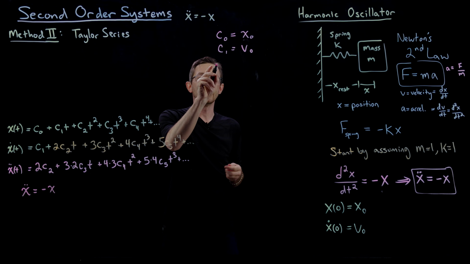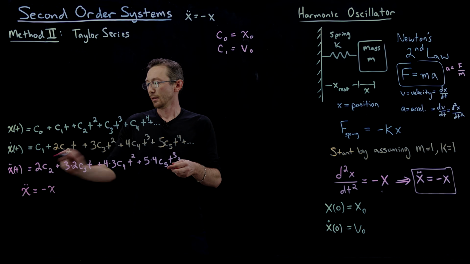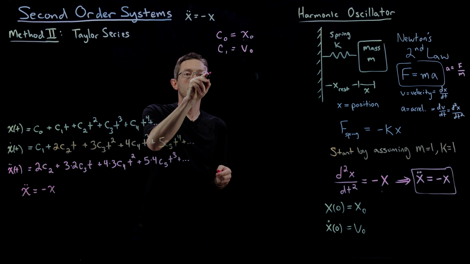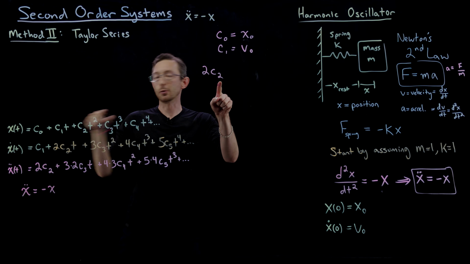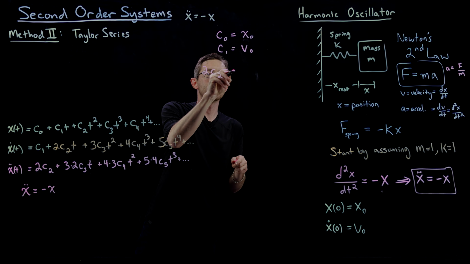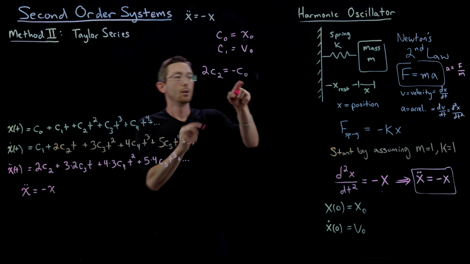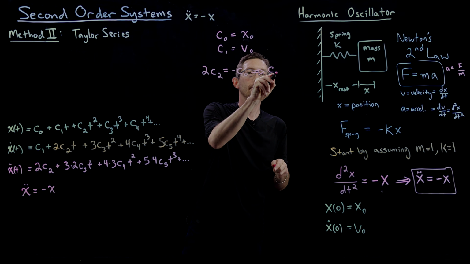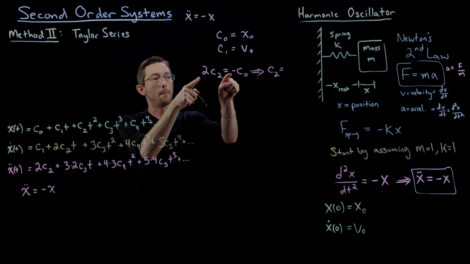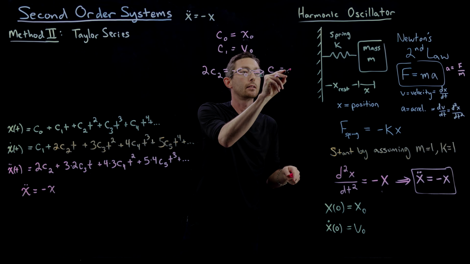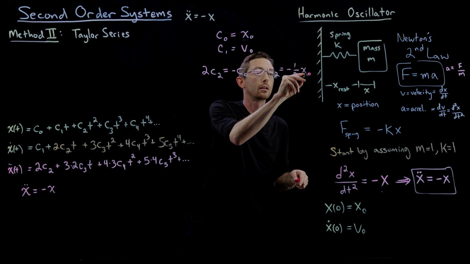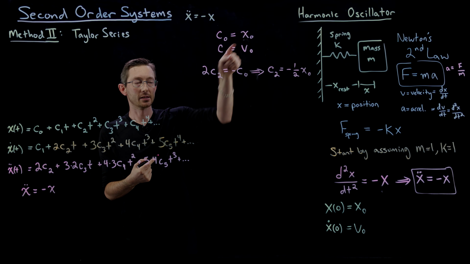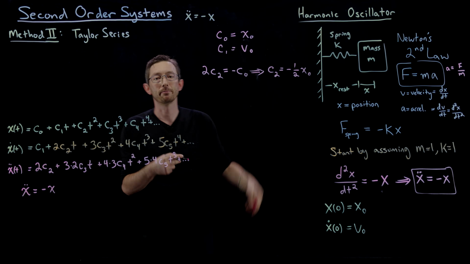So that means I have 2 C2 equals minus C0, which implies that C2 equals minus 1/2 x0. That's pretty easy. 2c2 equals minus x0, so c2 equals minus 1/2 x0.